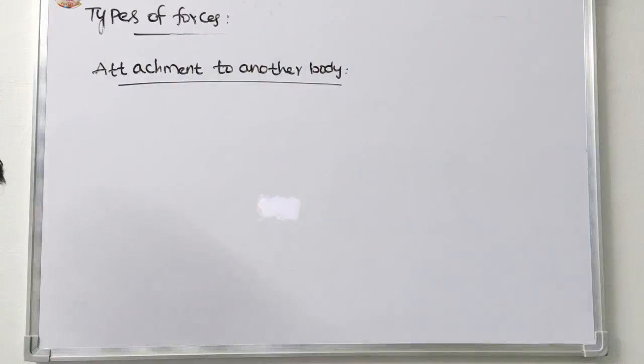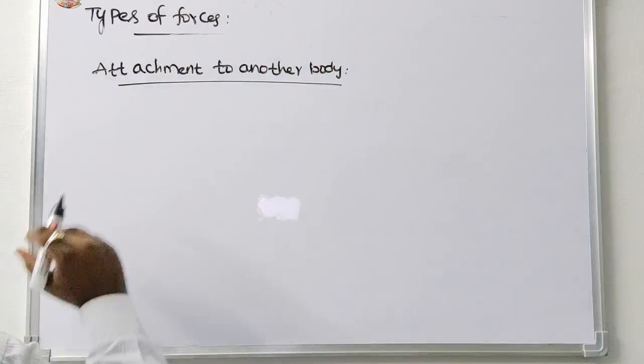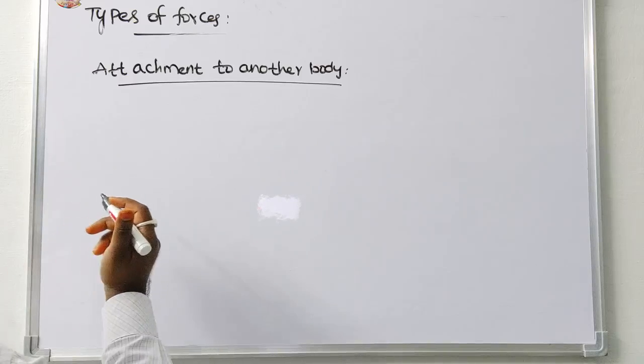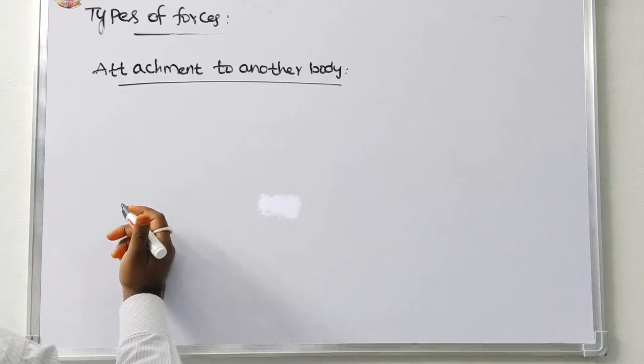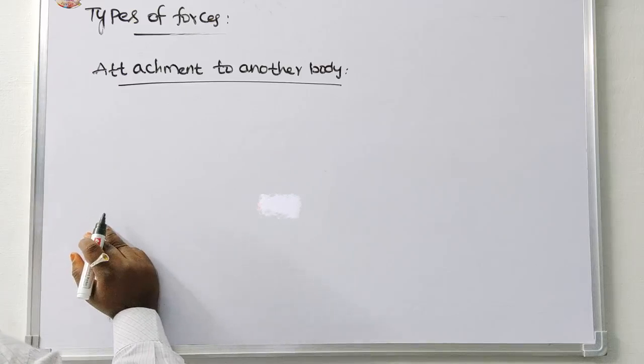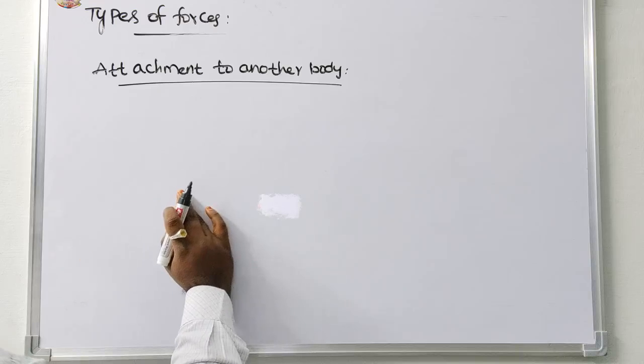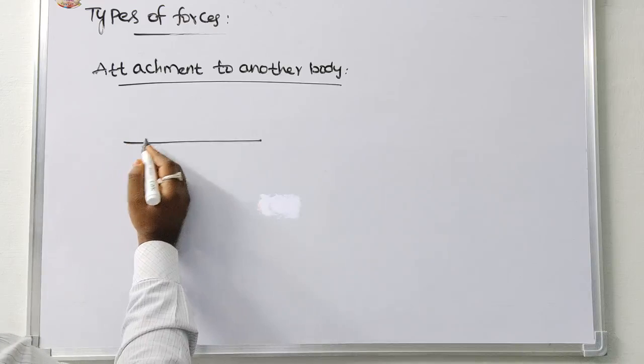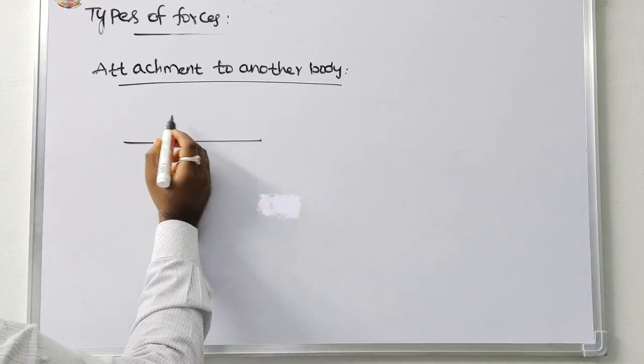One by one, let us discuss, students. If a string is inextensible, the magnitude of acceleration of any number of masses connected through the string is always the same.